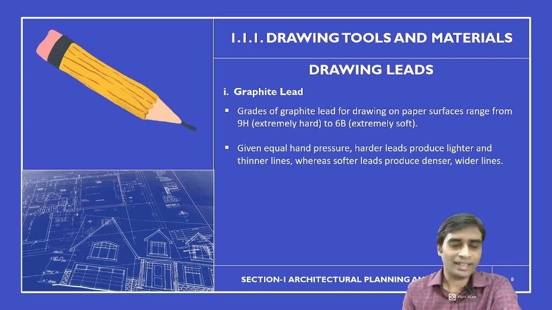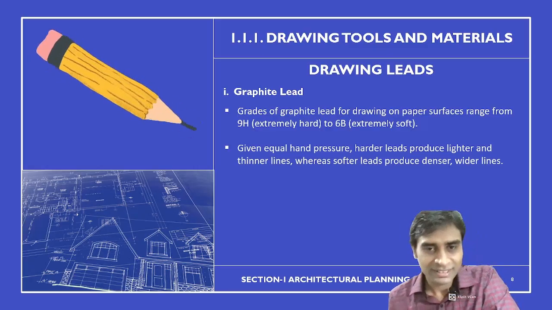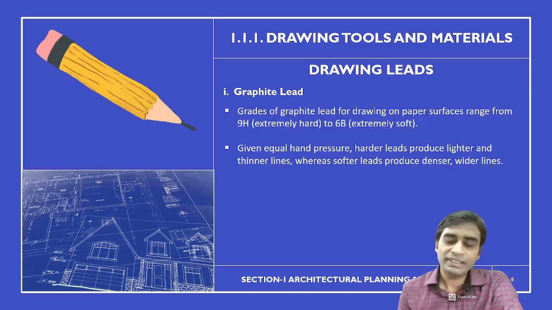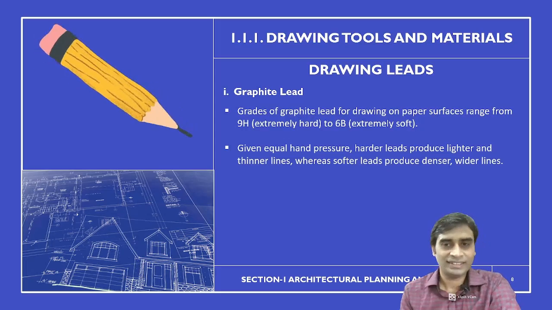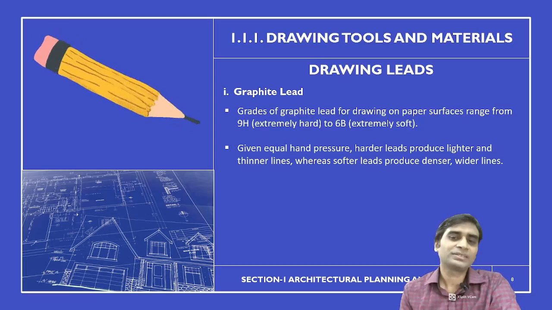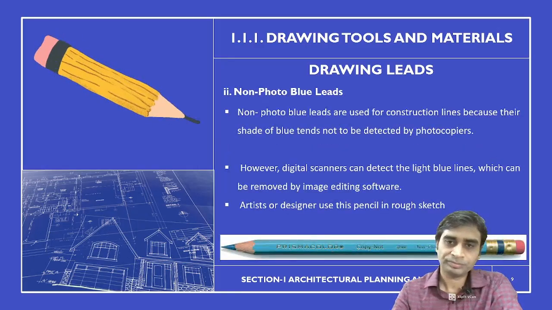Everyone is aware of this, but just as a reminder, given equal hand pressure, the harder lead produces lighter lines and the softer lead produces thicker, denser, wider lines.